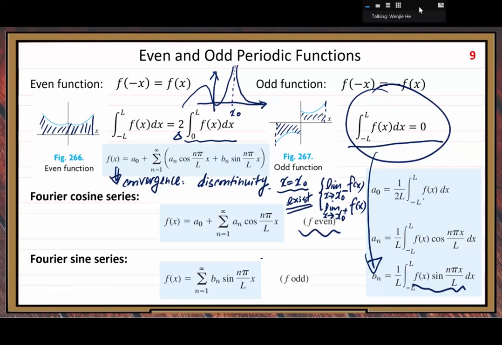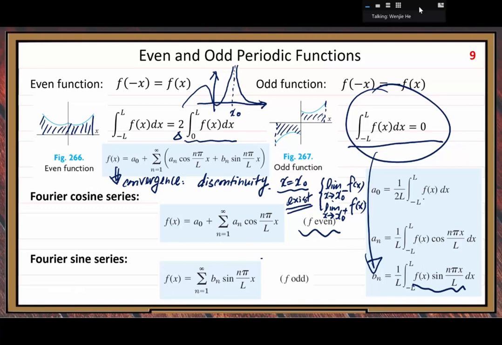So for our convergence situation, in order to get our infinite Fourier series convergent, we need both limits to exist. Otherwise, we cannot get a convergence result. So both exist.